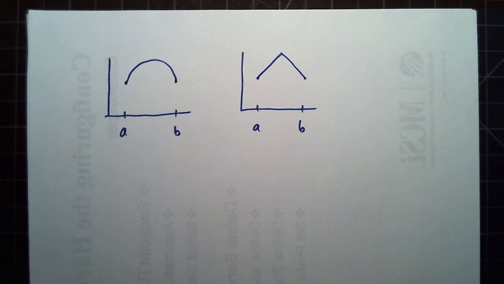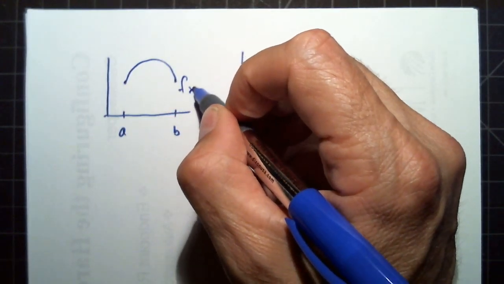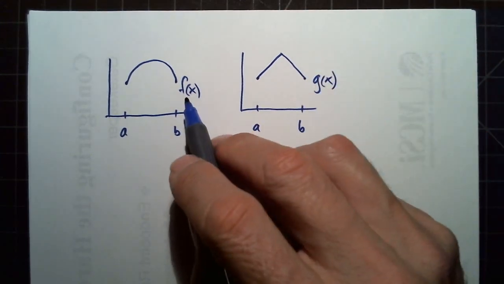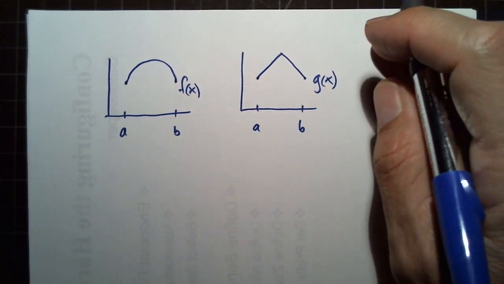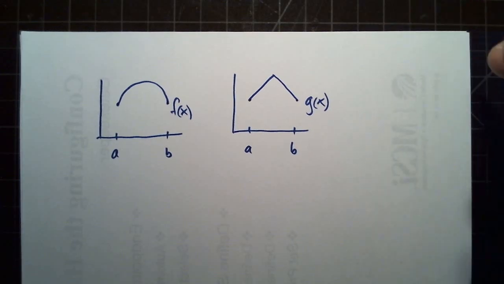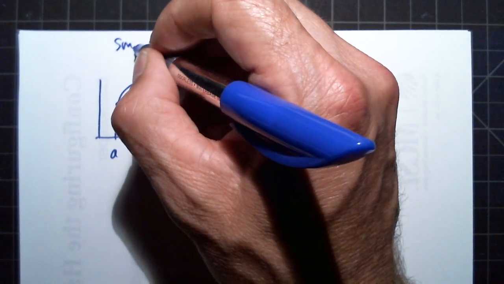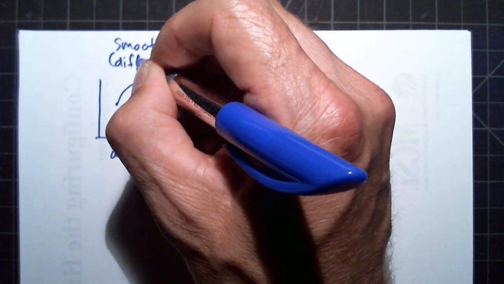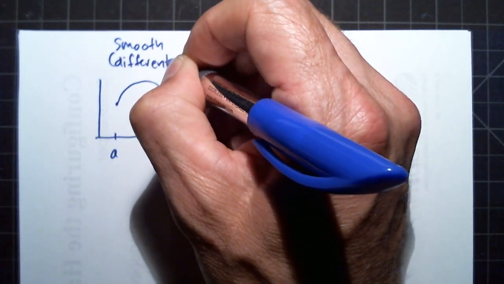Alright, two functions, f of x and g of x. And we say that f of x is smooth, we can also say it's differentiable.